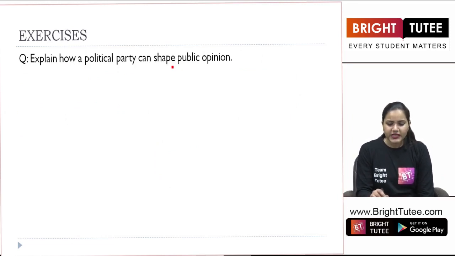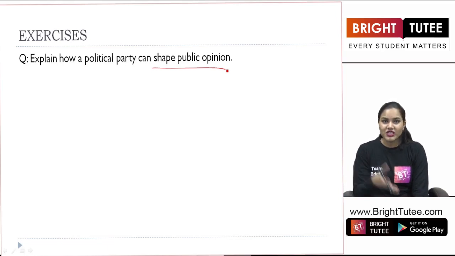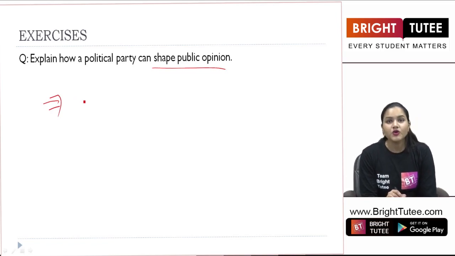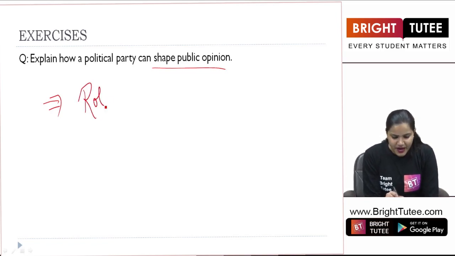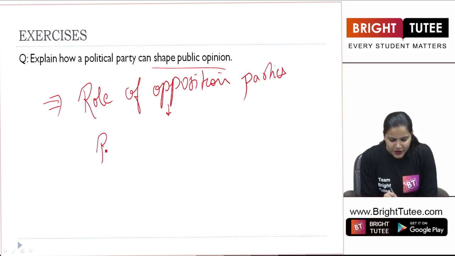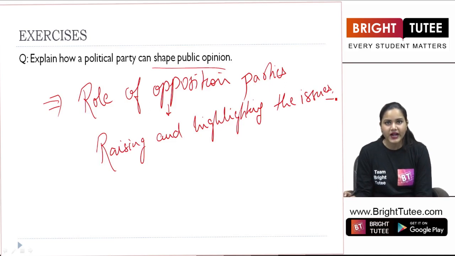Now, explain how a political party can shape public opinion. How are you going to answer that? Just right now, you have learned this point here. So, you have to talk about the role of opposition party in this, right? Shaping public opinion is definitely in the hands of the opposition parties who are doing what, students? They are raising and highlighting the issues related to the policies of the ruling party.